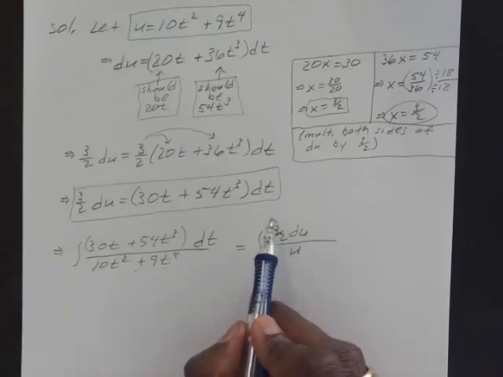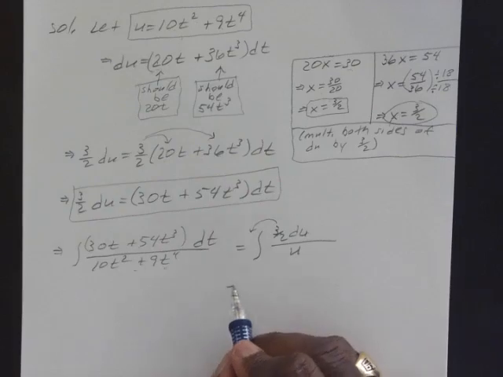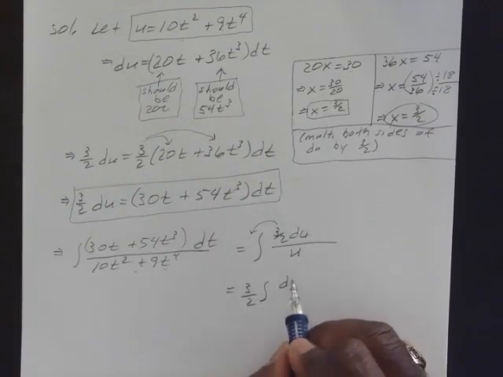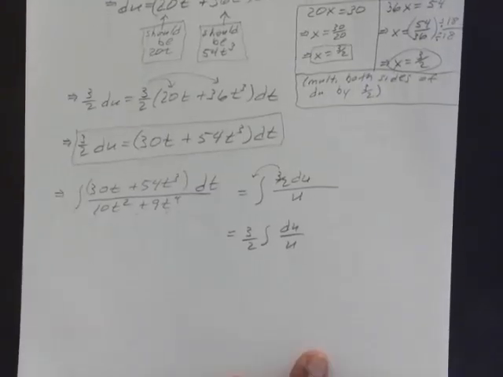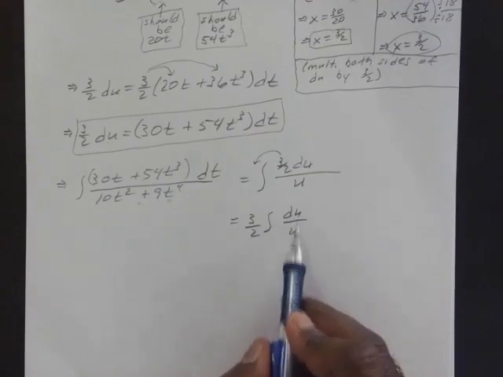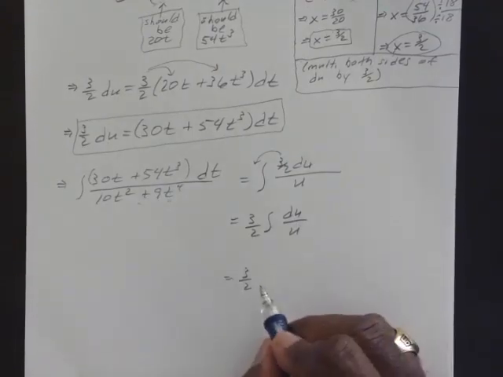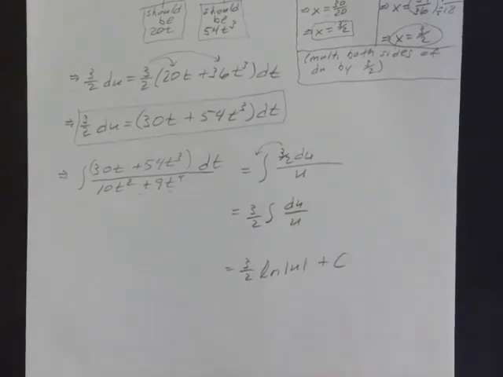So if we get that 3/2 and just factor it right out to the front, that gives us 3/2 times the integral of du over u. And we know that the integral of du over u gives us 3/2 times the natural log of u plus c.